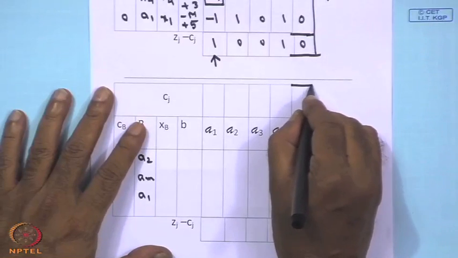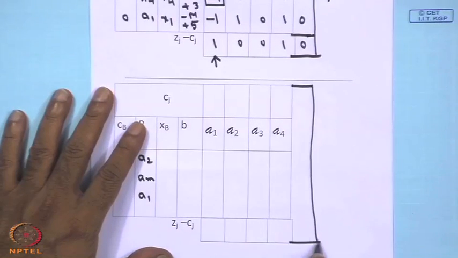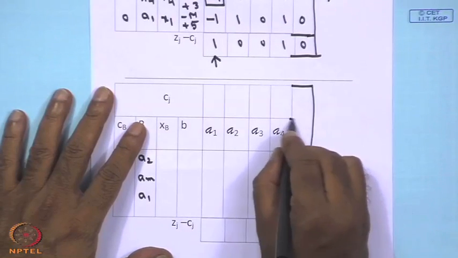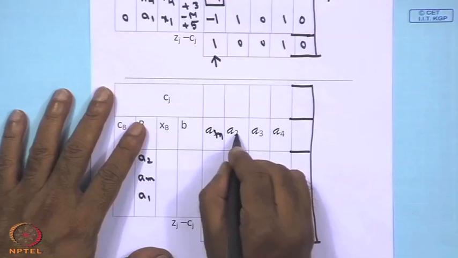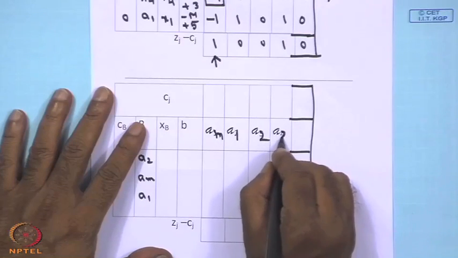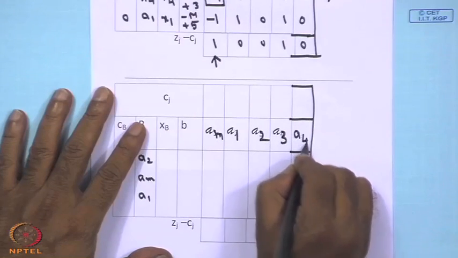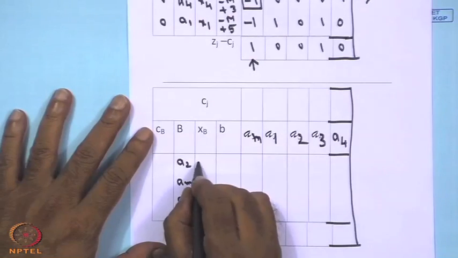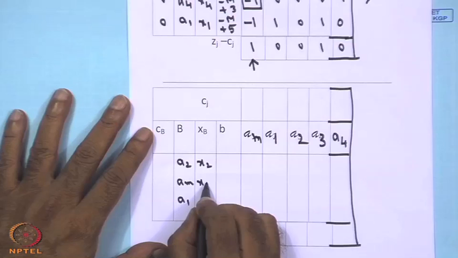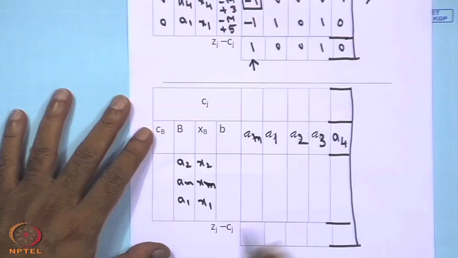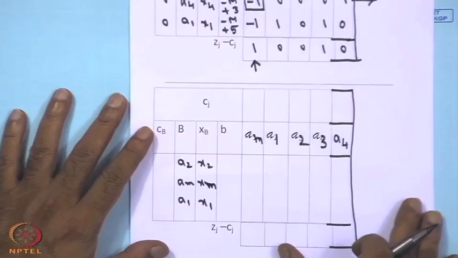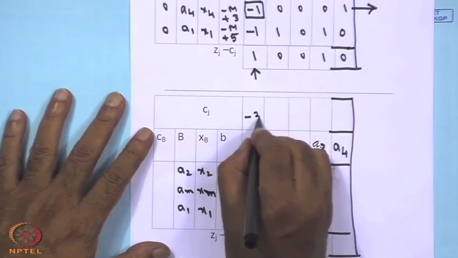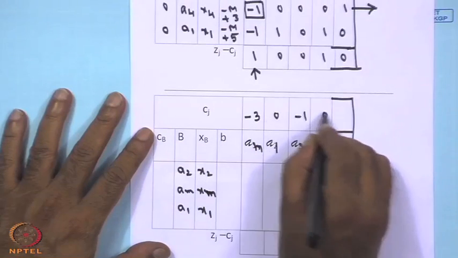Again, first let us reconstruct this. This is a m, a 1, a 2, a 3 and a 4. So, this is your x 2, x m and x 1. C j values are minus 3, 0, minus 1, 0 and 0.